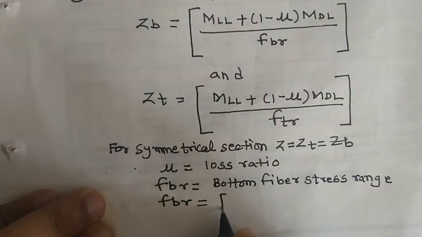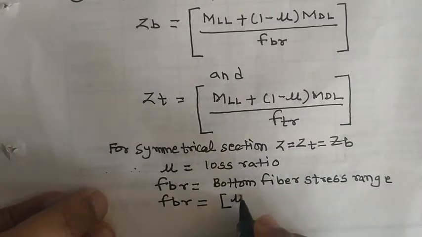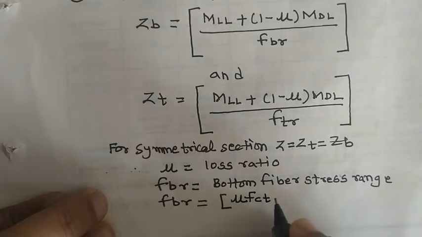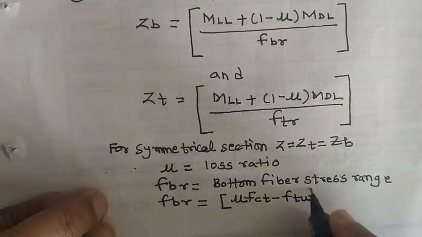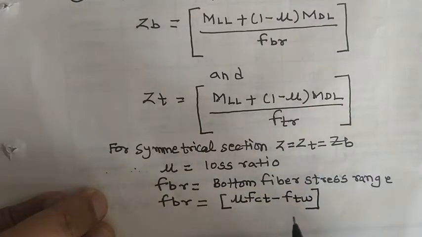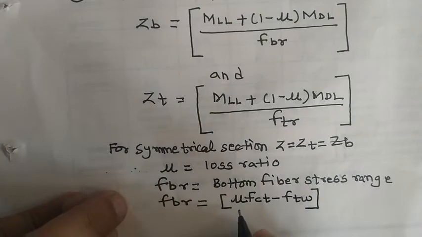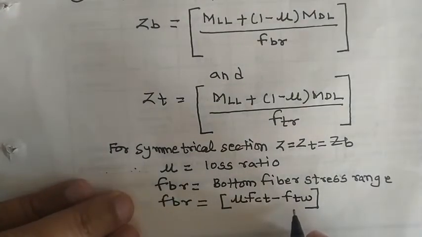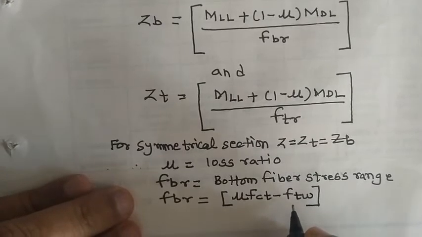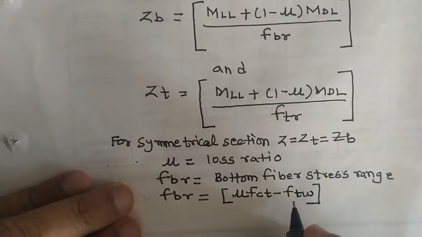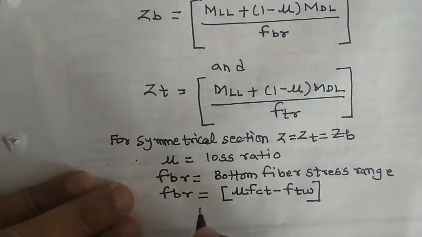FBR is calculated using this formula: mu into FCT minus FTW. Mu is the loss ratio, and FCT and FTW are the permissible stresses under transfer and working load of the beam.